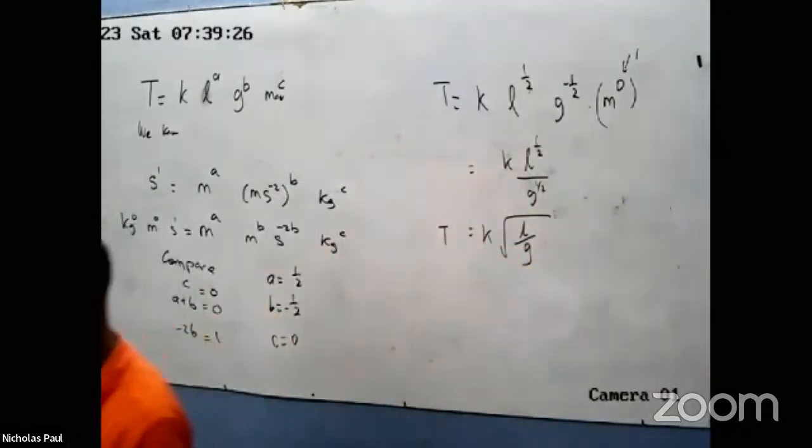So that equation is T is equal to 2 pi root L over G. All right? So that's the way we use dimensional analysis to come up with an equation. Then we have to get back to T, L and G to work out K.